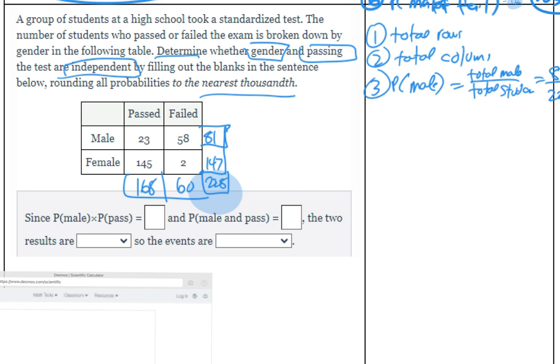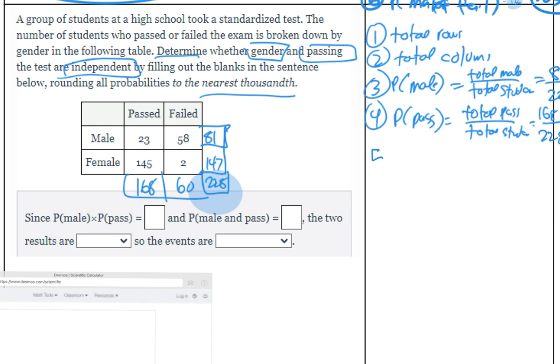All right, next. We said our next step is to find the probability of passing. So the probability of passing is equal to the total passing over the total students. So the total passing is that 168, over the total, which is always still going to be that same 228.